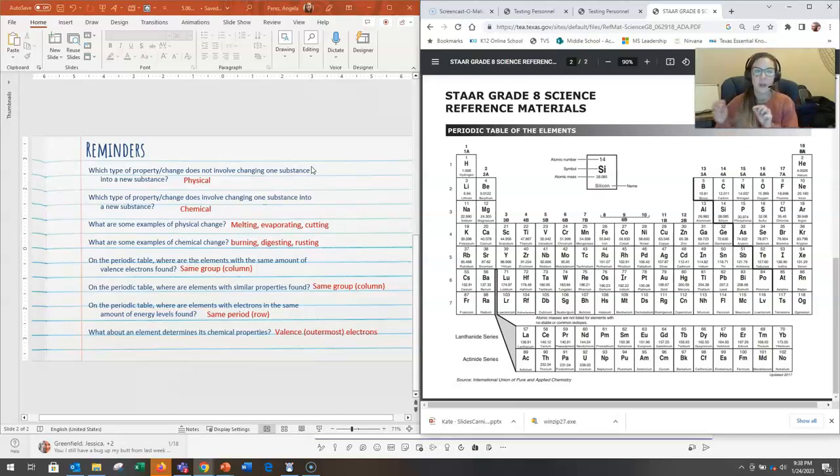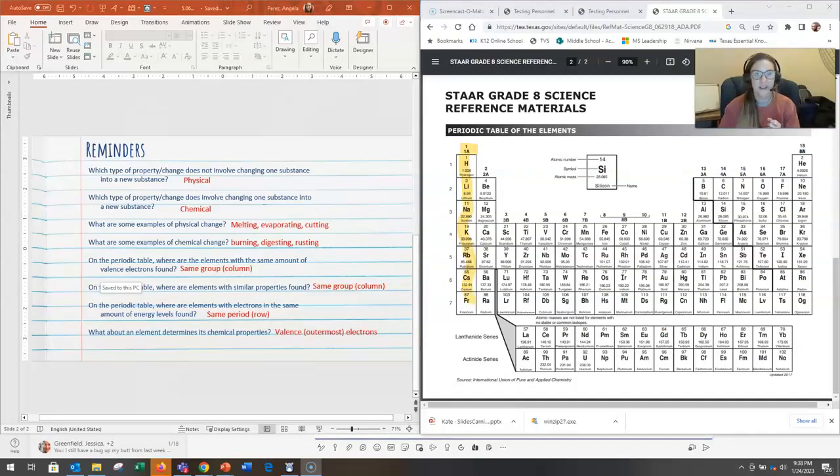So if we look on the periodic table, where are the elements with the same amount of electrons found? I just told you earlier in this video. They are found in the group. So if I have a group, they're all this.